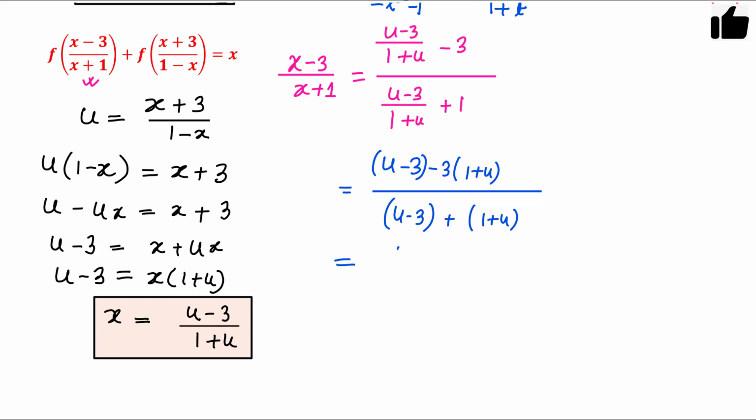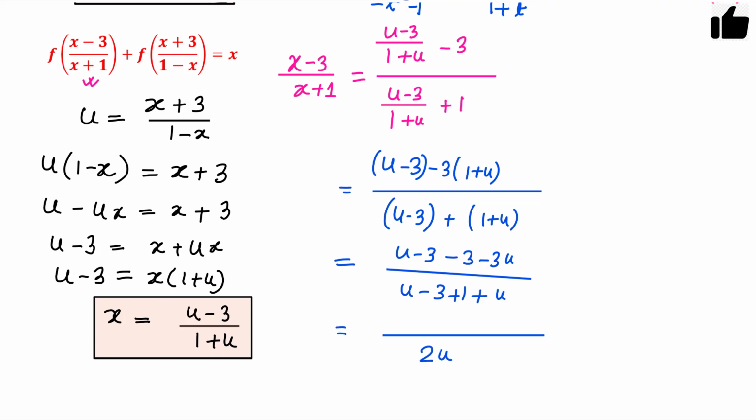So if you simplify, it will be u minus 3 minus 3u, and this divided by u minus 3 plus 1 plus u. So this is 2u minus 2, and this will be minus 6 minus 2u. So 2 gets cancelled out.